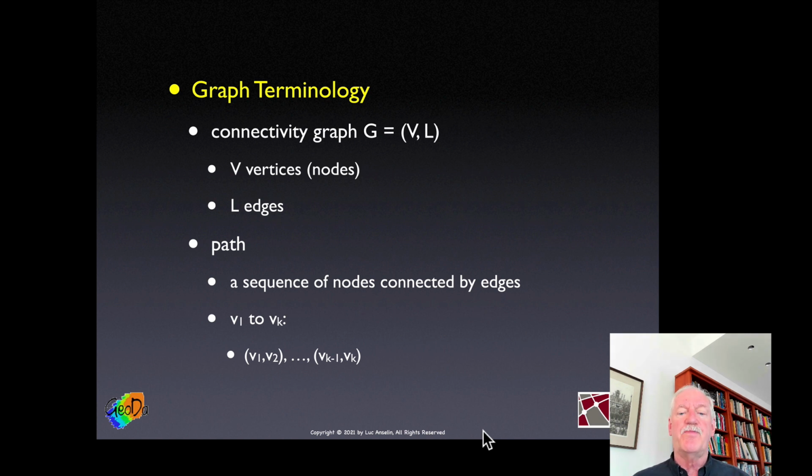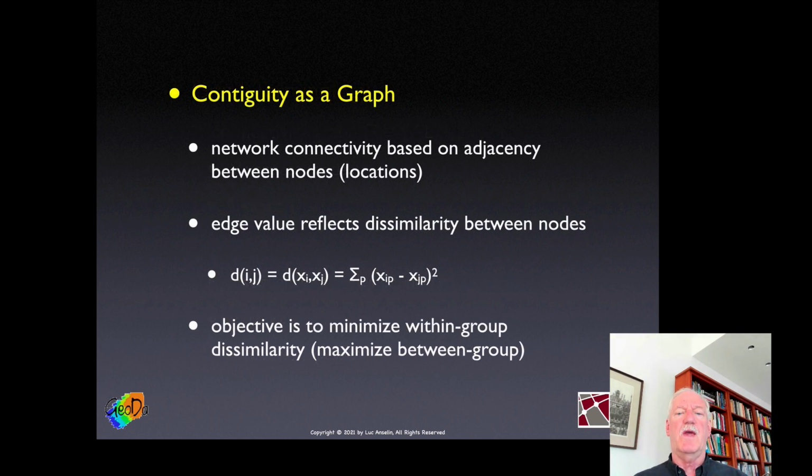And a path is any sequence of nodes connected by edges. And then there are some special paths that we'll see in a second. So, as I mentioned, the network connectivity is based on the adjacency. The value of the edges is the attribute difference between the two nodes that are connected by the edge, and the objective is always the same one: minimize within group dissimilarity.